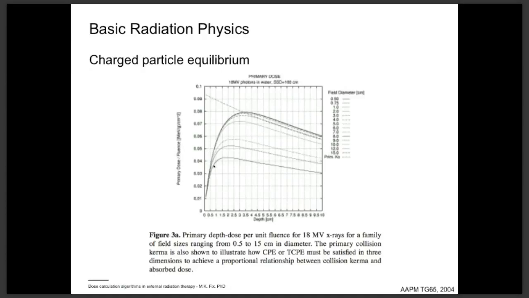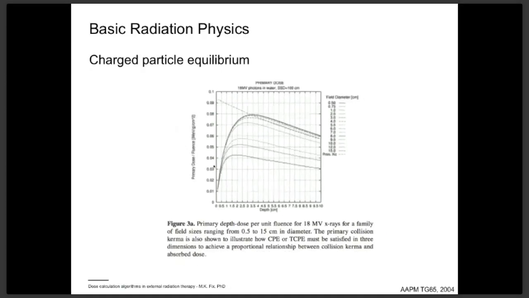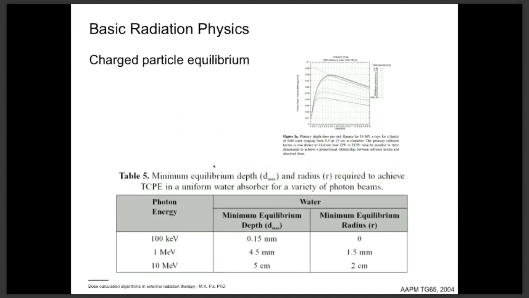So what kind of distances are we talking about here? That depends on whether we go in beam direction or laterally, and it also depends on the energy. In water, for a very low energy, the depth of equilibrium is a few millimeters, and the lateral equilibrium is almost not present.